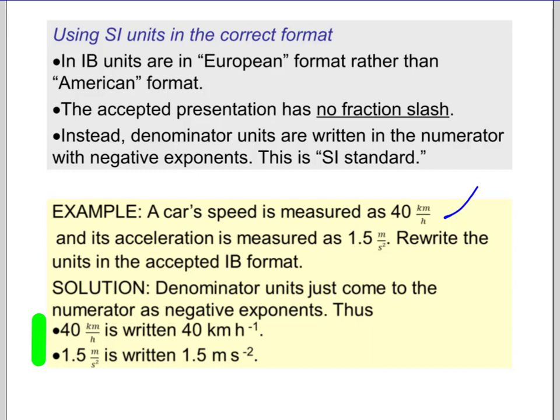Now, if we wanted to write it in more of a European format, we take advantage of negative exponents. So kilometers over an hour would become kilometers times hour to the -1. I threw in the r just to make sure it's an hour. That little negative exponent just means it's moving from the bottom to the top location.